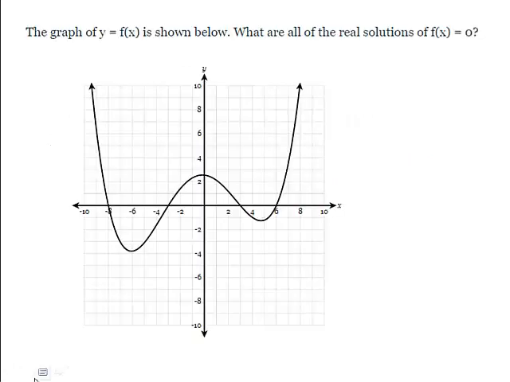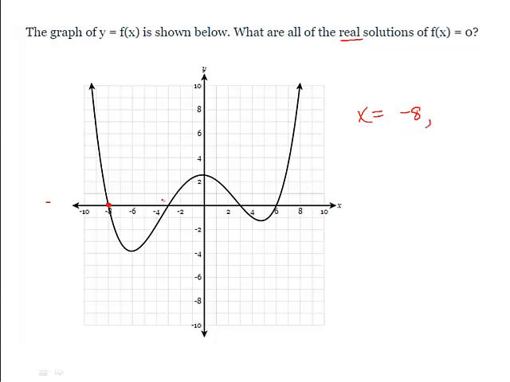So here we go. Thanks again, Delta Math. It's given us the graph of y equals f of x. What are the real solutions of f of x equals 0? Oh, this was the hint that said, the real solutions, go find those x-intercepts. So I'm going to go do that. Remember that this is the x-axis, it's labeled. Here's my first x-intercept at -8.